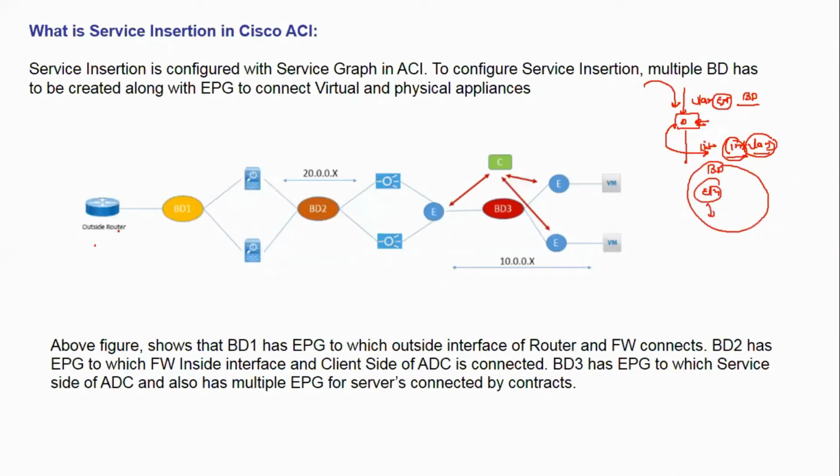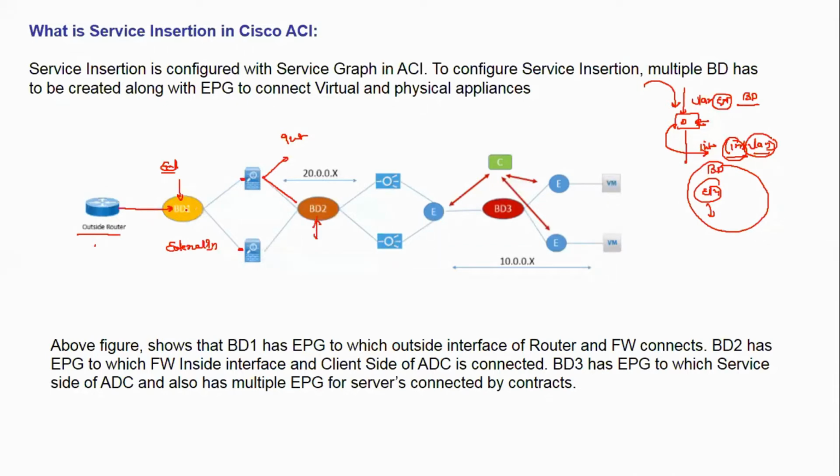where your EPG resides, and it will send the traffic. Likewise, suppose there is an outside router that hits a bridge domain, which will be the external interface of the router. So the external interface of the router will be in the external bridge domain, and the internal interface will be in the internal bridge domain.